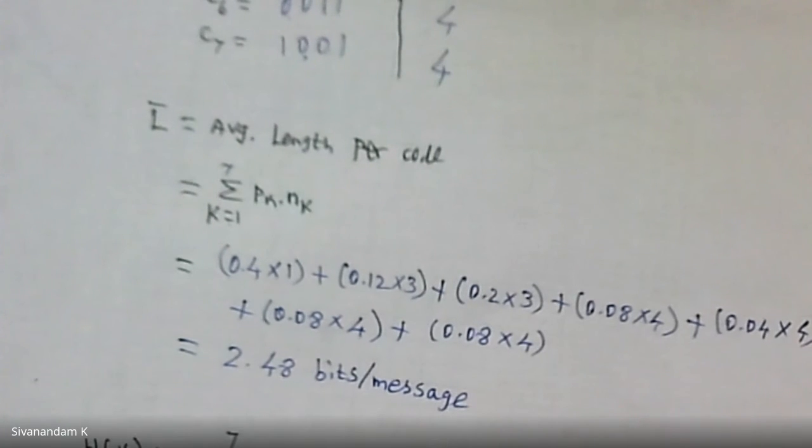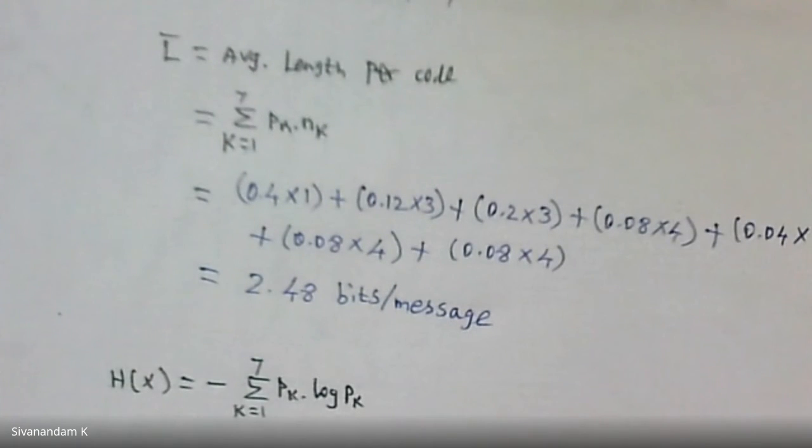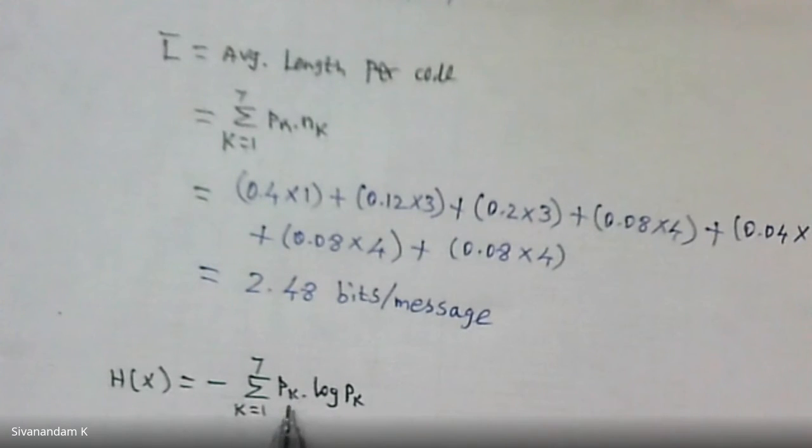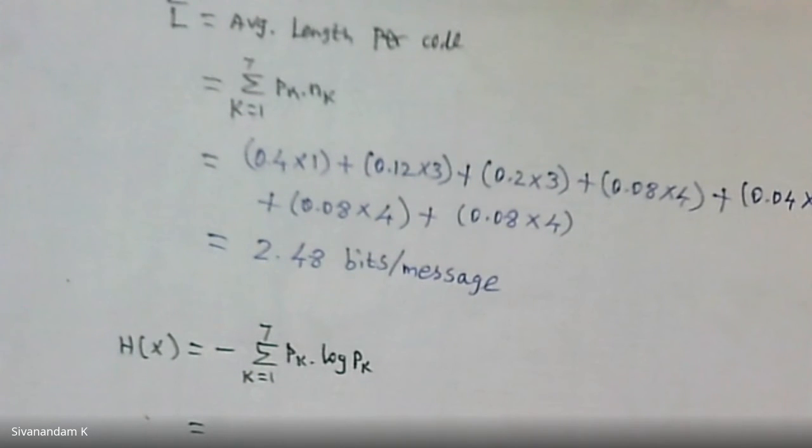Next step is we have to find out the entropy of the messages. The formula is minus summation probability into log of probability. So here number of messages is 7. So k takes values from 1 to 7. Now substitute the probability of each and every message and take logarithm of probability.